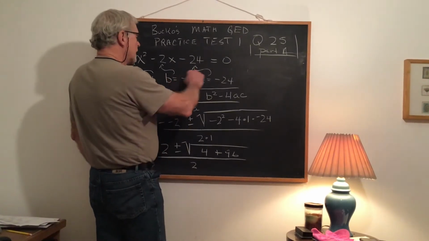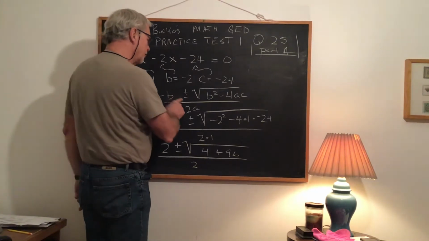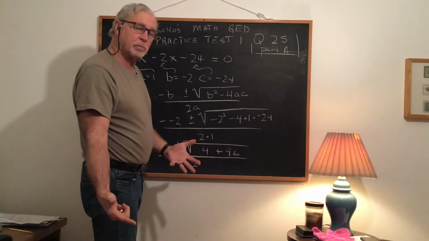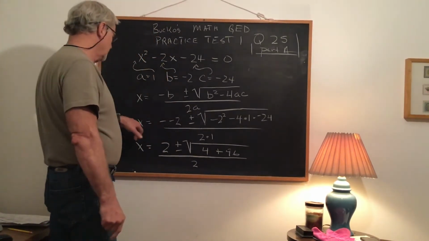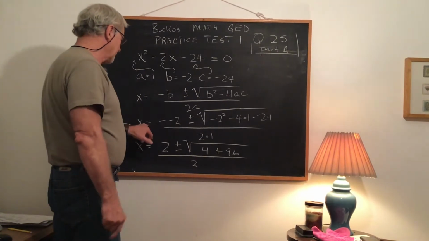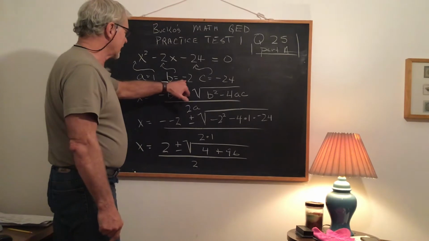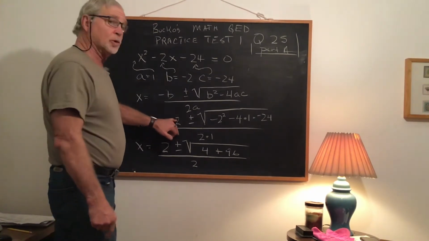So then you go back to writing that formula, the quadratic formula right here, and then all you simply do is plug stuff in where it belongs and take a ride on that. So x equals is a copy, and then you've got a negative b, and b is a negative 2, so you go negative, negative 2.